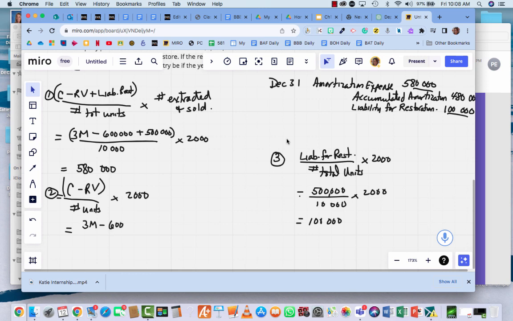So we're going to have our 3 million minus 600,000 divided by 10,000 times 2,000, and we're going to get $480,000. There we go. So we are correct.